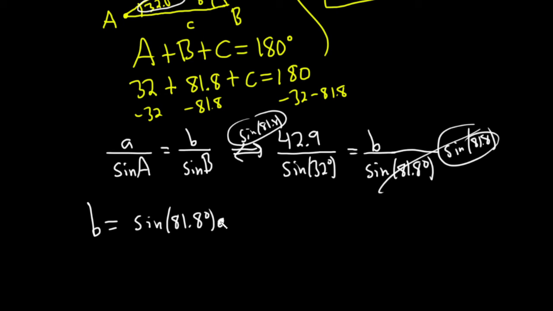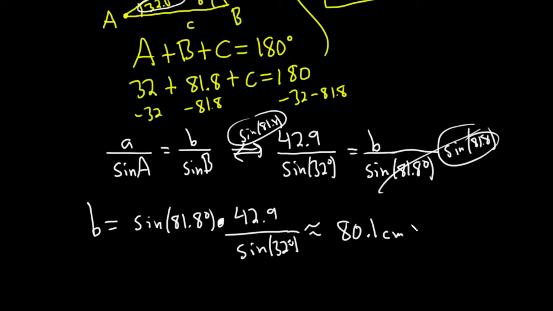So times 42.9 over sine of 32 degrees. And if you put this in your calculator and you're in degrees, you should get 80.1. And the answer is in centimeters. So this is b. That's another one of our answers.